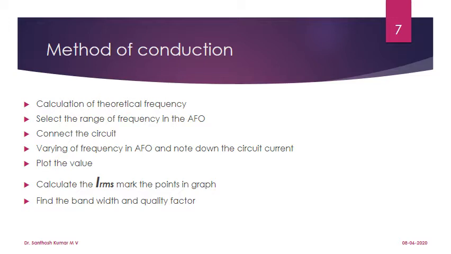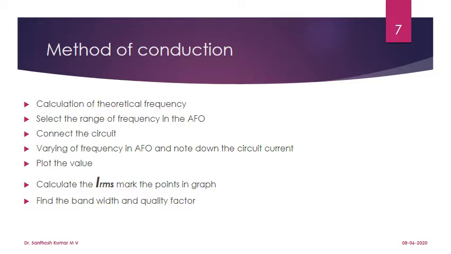With the same values, calculate the IRMS value of AC and mark the points in the graph, based on which we find the bandwidth and quality factor of the circuit.